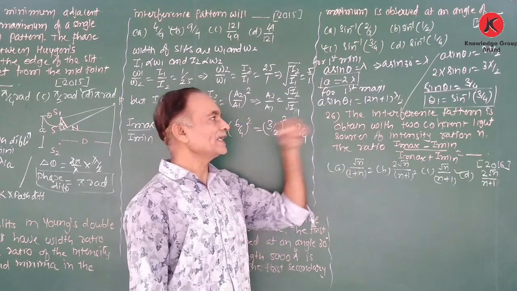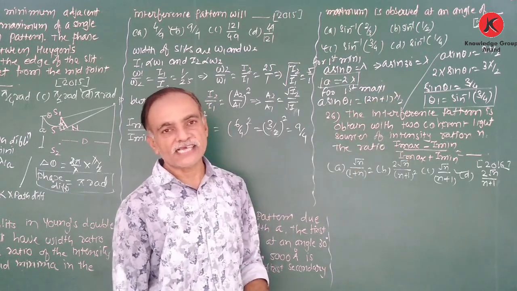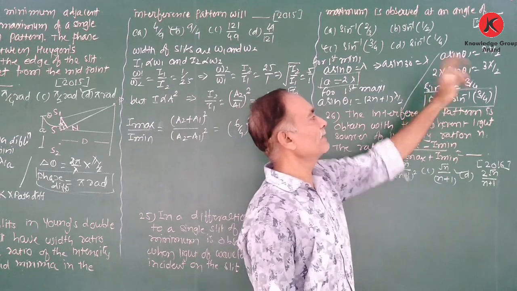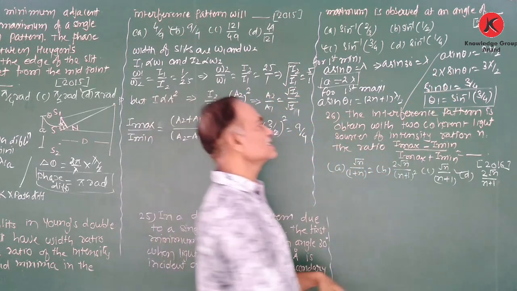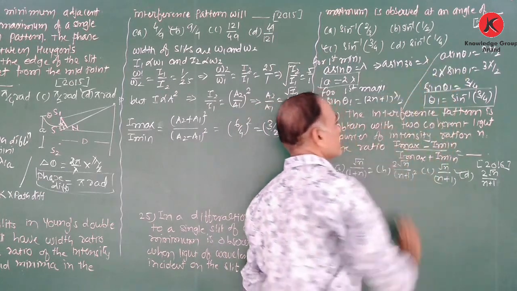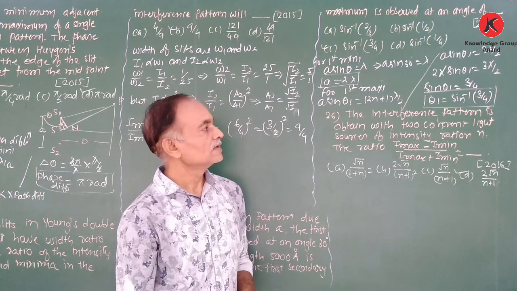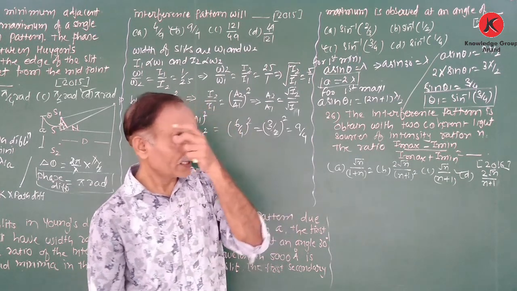Here we substitute n is equal to 1 for the first maxima. Therefore, a sin theta 1 is equal to 3 lambda by 2. Therefore, 2 lambda sin theta 1 is equal to 3 lambda by 2. Lambda is cancelled on both sides. Therefore, sin theta 1 is equal to 3 by 4. Therefore, theta 1 is equal to sin inverse 3 by 4. Clear?